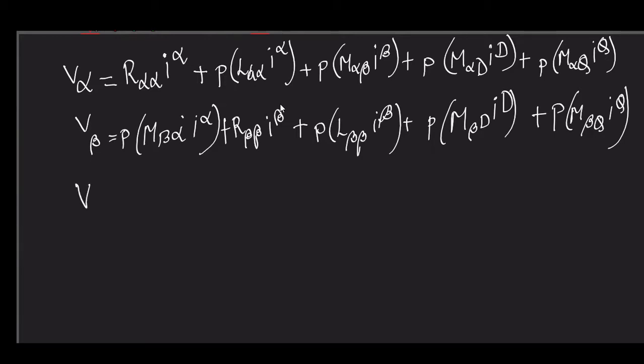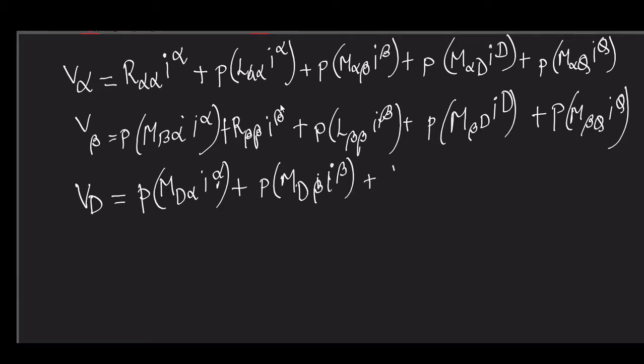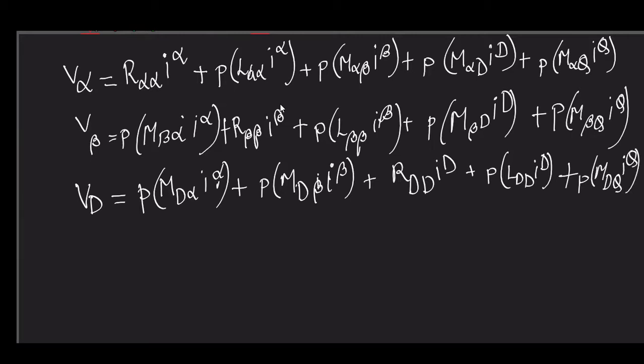Then we are having V D is equal to P M D alpha, I alpha, plus P M D beta, I beta, plus R D D, I D, plus P L D D, that is the stator D phase self inductance, plus another one.